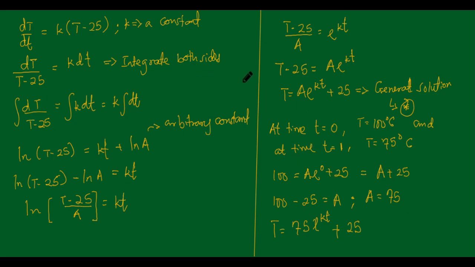k, or e raised to the power k, as the case may be. So T is equal to 75 e raised to the power of kt plus 25. Now substituting the temperature as 75 degrees Celsius and the time as 1, we have 75 is equal to 75 e raised to the power of k plus 25.